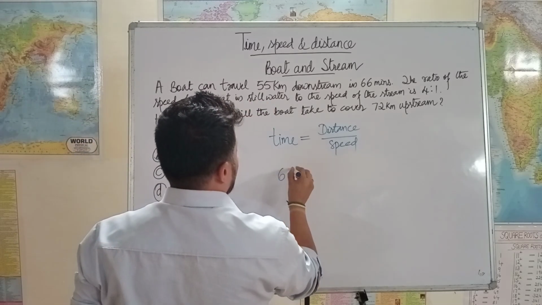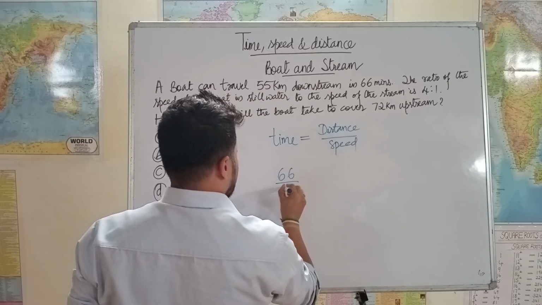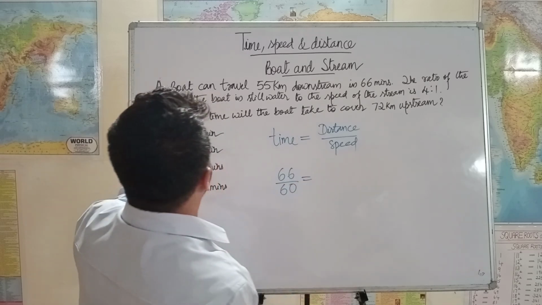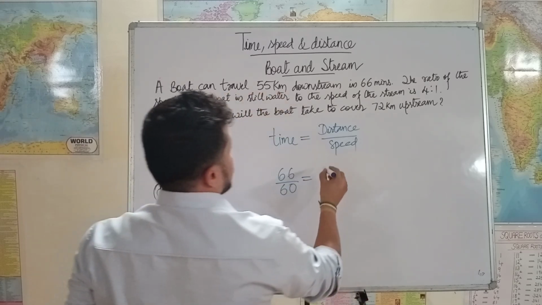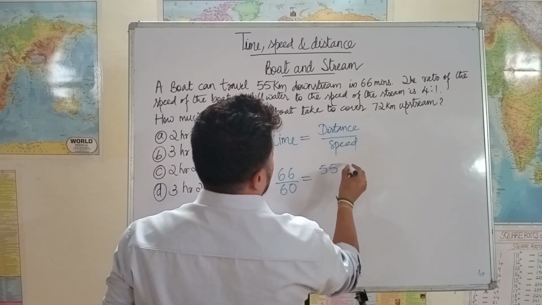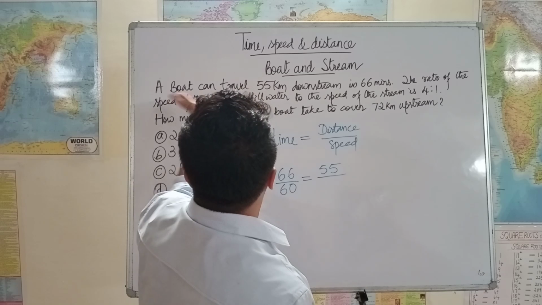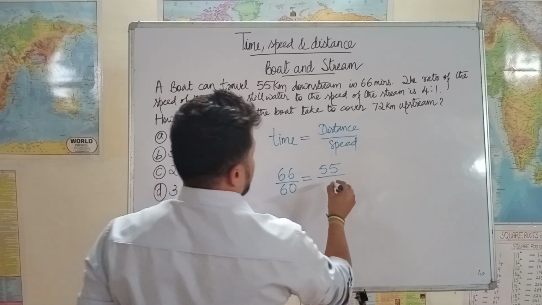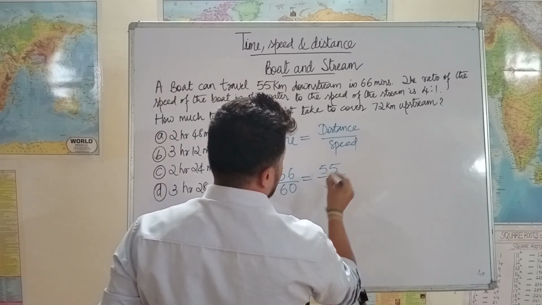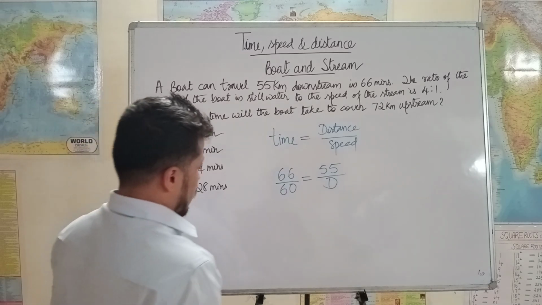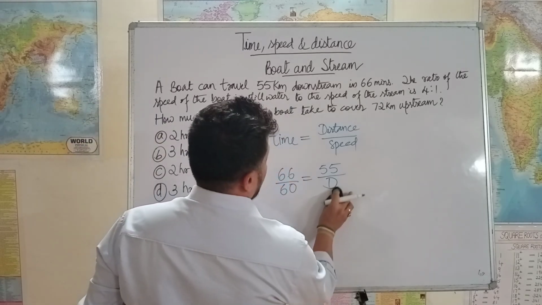So we have 66 minutes, which I will write as 66 by 60, is equal to: a boat can travel 55 kilometers. So the distance is 55 kilometers divided by the downstream speed, which we take as x plus y.